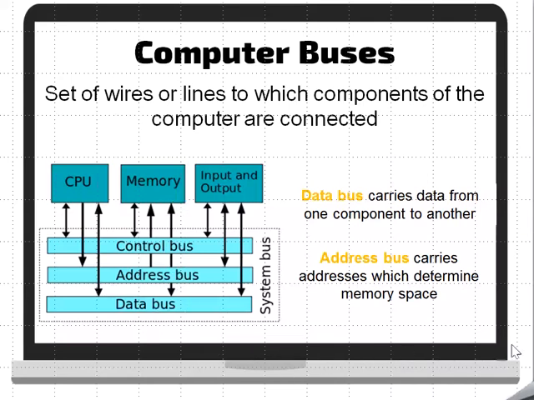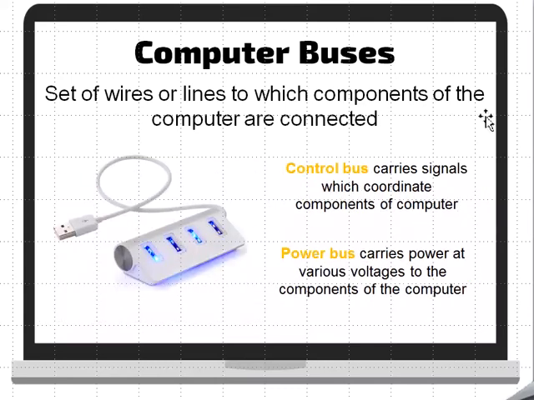The next one is the address bus, which carries addresses which determine memory space. There's also something called the control bus, which carries signals which coordinate the components of the computer. And lastly, we have the power bus, which carries with it power at various voltages to the different components of the computer to ensure that they are going to be working correctly.